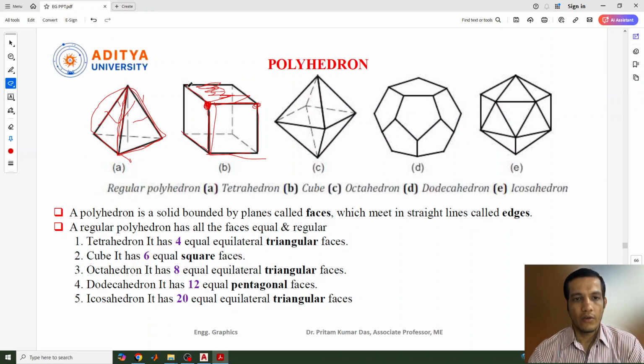Similarly, in a normal cube, how many surfaces are there? Six: this is 1, 2, 3, this is 4, 5, and the top is 6.